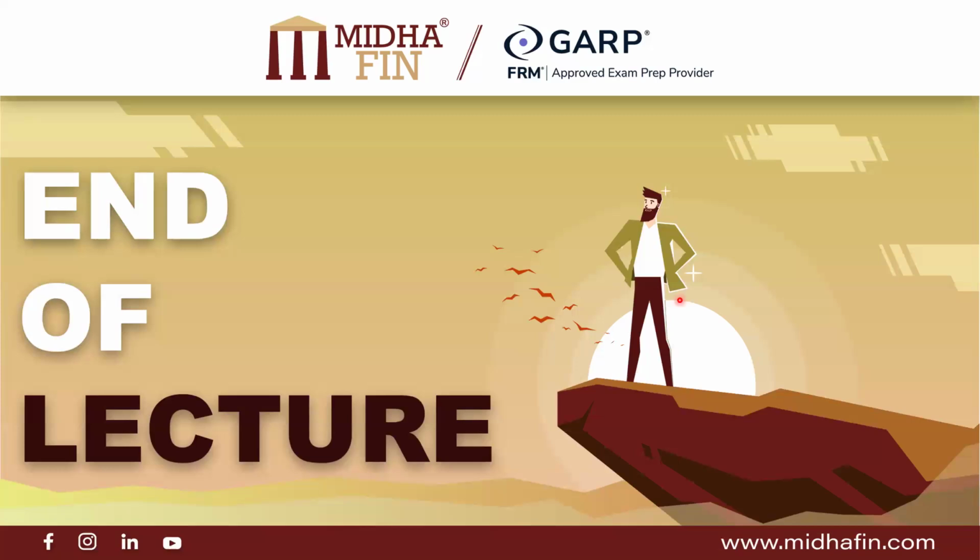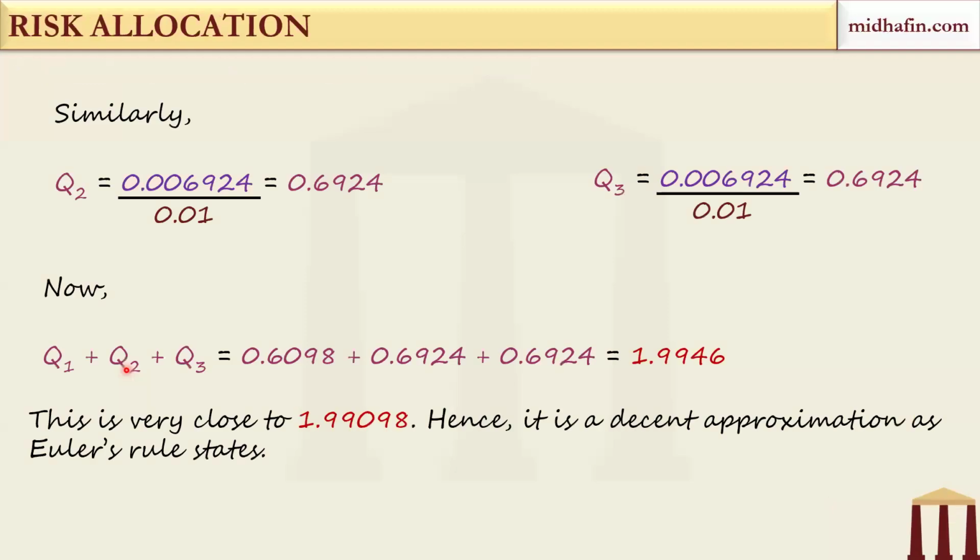Risk allocation considers this contribution basically. When I said Q1 plus Q2 plus Q3, you can view them as individual contributions to the total standard deviation. Clear now, Vedant? This is the idea behind risk allocation.